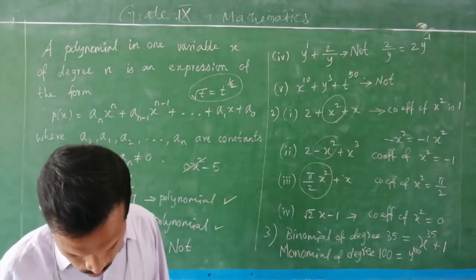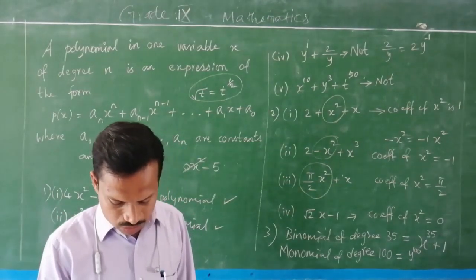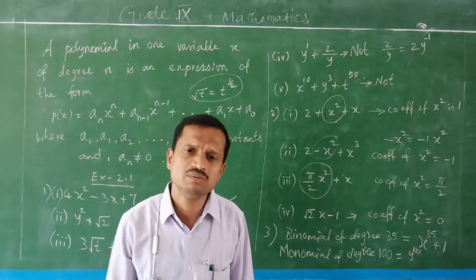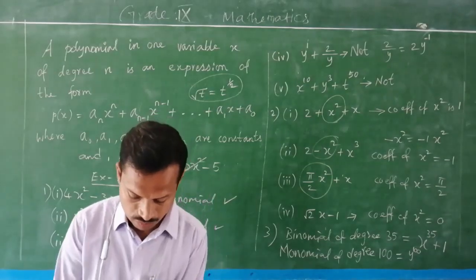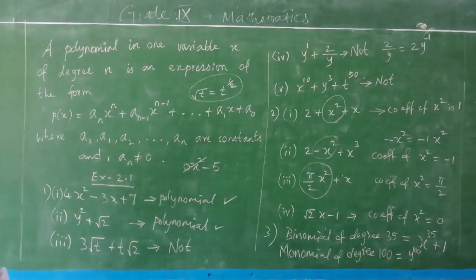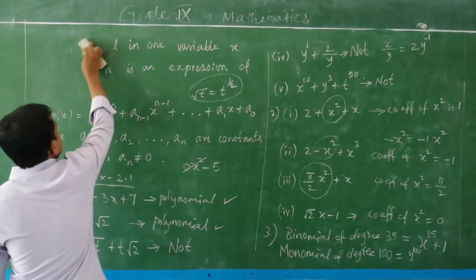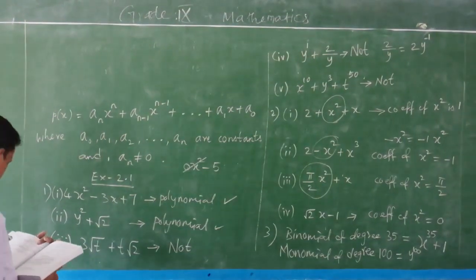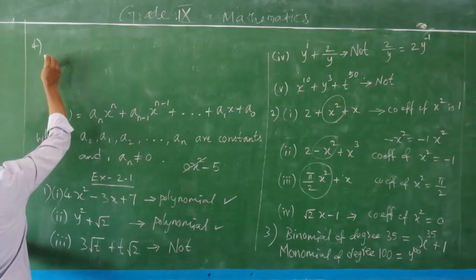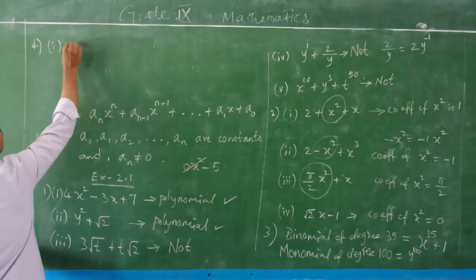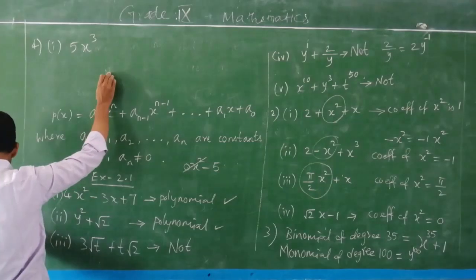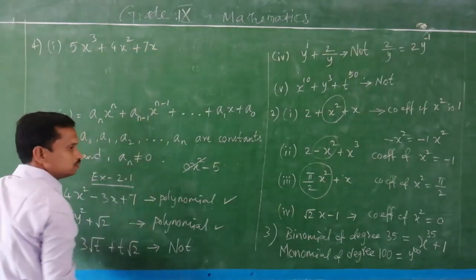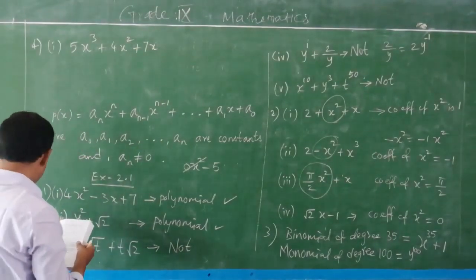Okay, children, now we move to the fourth one. Write the degree of each of the following polynomials. Degree means the highest power. In the first option, 5x cube plus 4x square plus 7x, we have to note the degree.